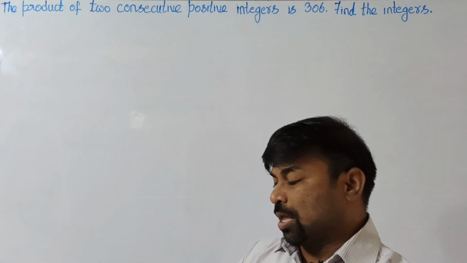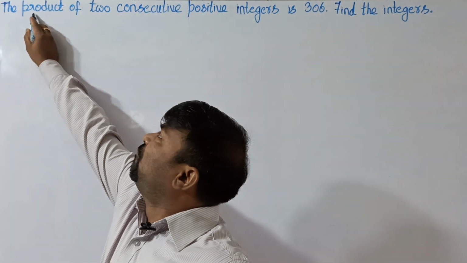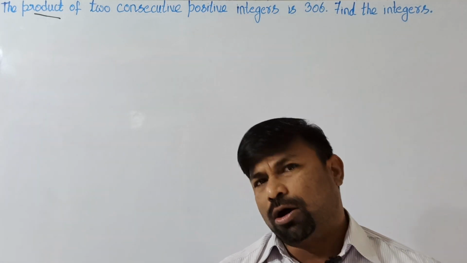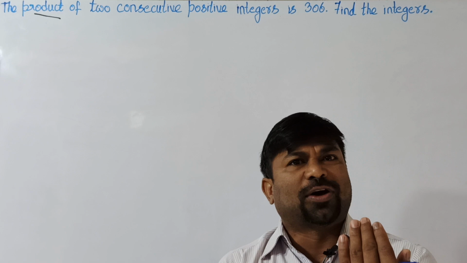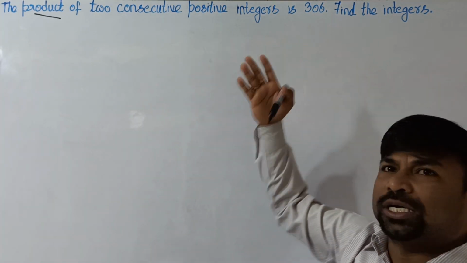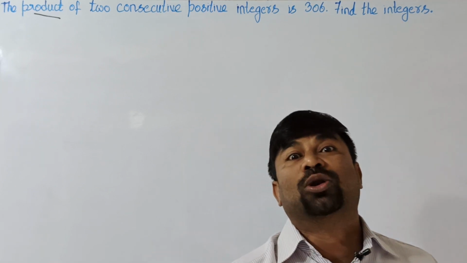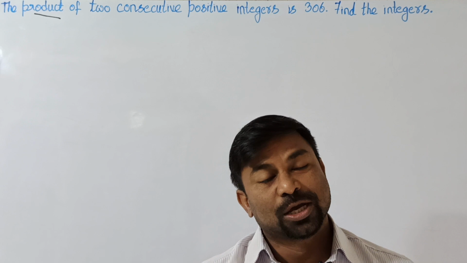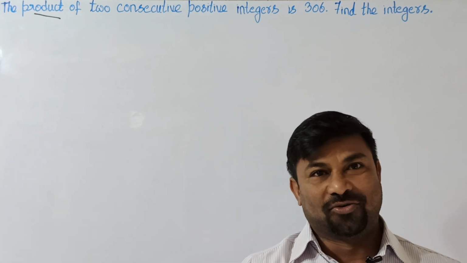So what he said is, the product of... the first relation he's talking about is product. Now search for one more basic relation. The product of two consecutive positive integers is 306. He has given only one relation. He's not talking about a second relation, so how do we search for it?